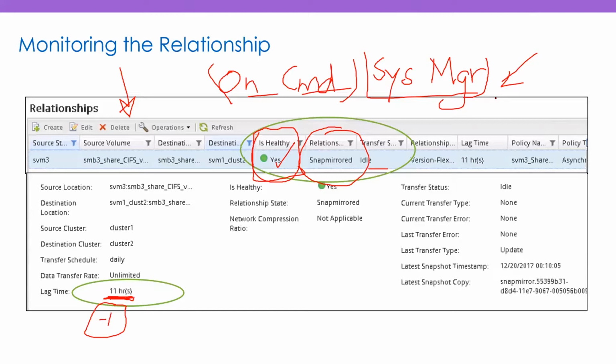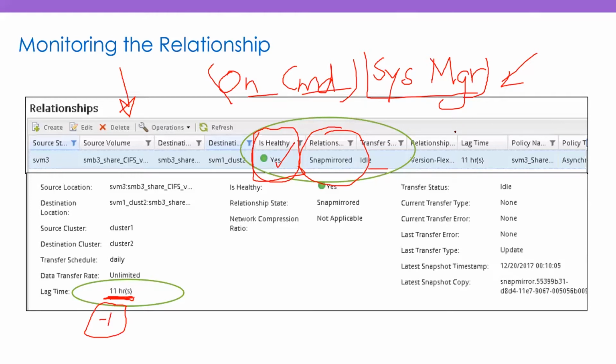Now, what is an SVM root volume is a whole different discussion. It is technically like a namespace. When NFS or CIFS clients try to access the data on a volume, they always need a namespace, like a backslash: how do I get in to the volume? They need a root, then the name of the volume. So the idea behind the SVM root volume is to give them that fake namespace, and if you want, you can replicate that.